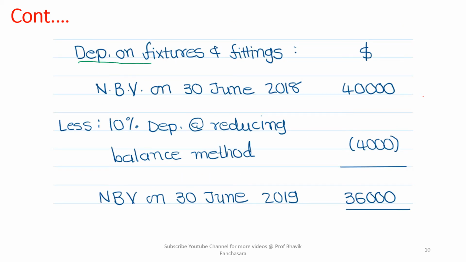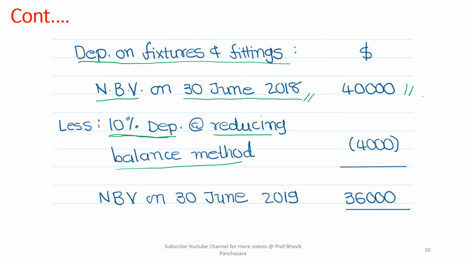To calculate depreciation on fixtures and fittings, first consider the NBV on 30th June 2018, that is given in the question, that is 40,000. Now depreciation chargeable is at the rate of 10% per annum using reducing balance method. So we are going to charge 10% of 40,000. So the amount of depreciation is 4,000.